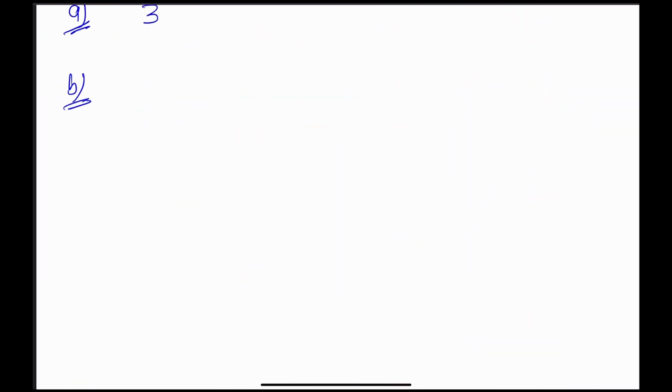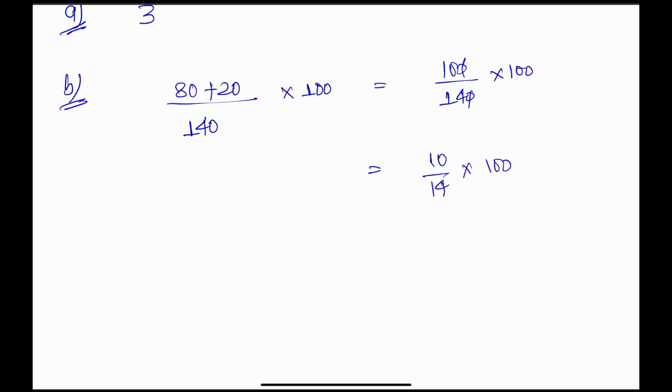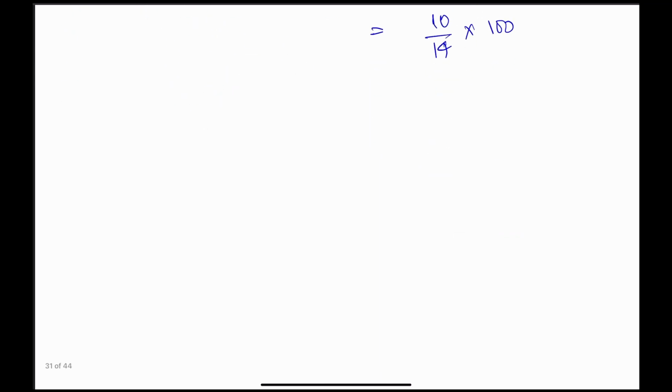So it is asking (80 plus 20) divided by 140, the total is 140, into 100. This is the percentage it's asking. 100 upon 140 into 100. We already know this is nothing but 10 by 14 into 100. So 1 by 14 is 7.28, so it will be 72.7.